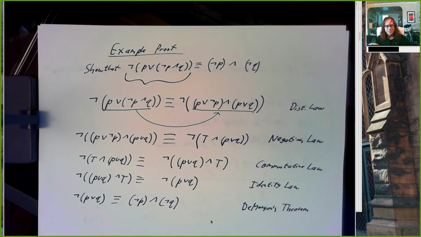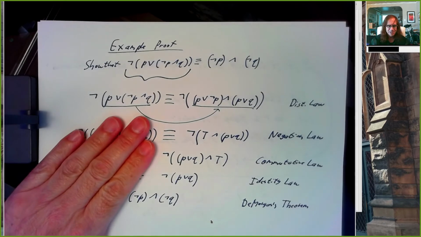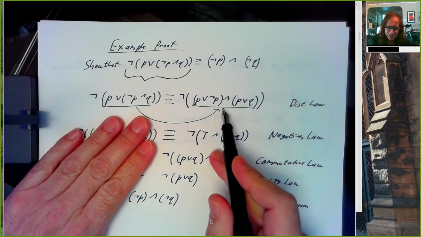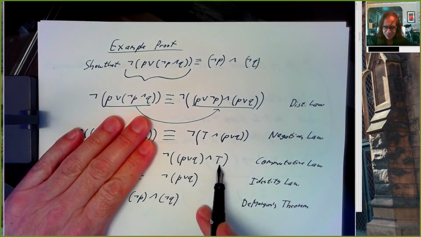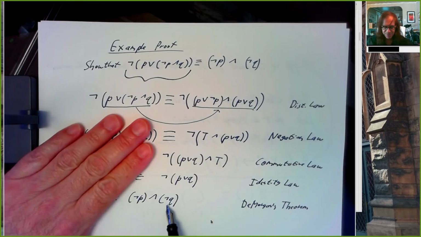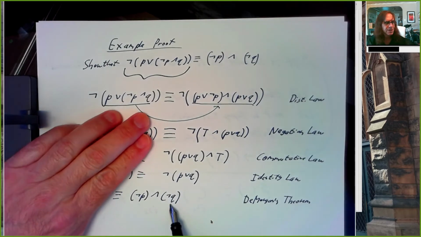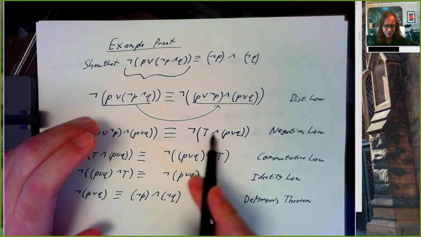And in practice, we're not going to keep writing down the left-hand side. We'd probably do this proof by saying this thing is equivalent to this because of the distributive law, which is equivalent to this through negation, which is equivalent to this through commutativity, which is equivalent to this through identity, which is equivalent to this through De Morgan's. And we wouldn't keep writing down this over here and this over here.